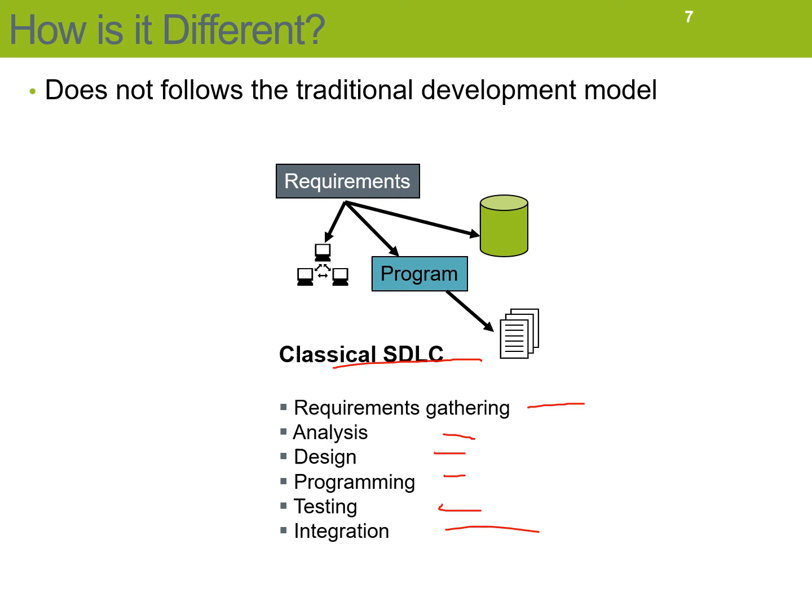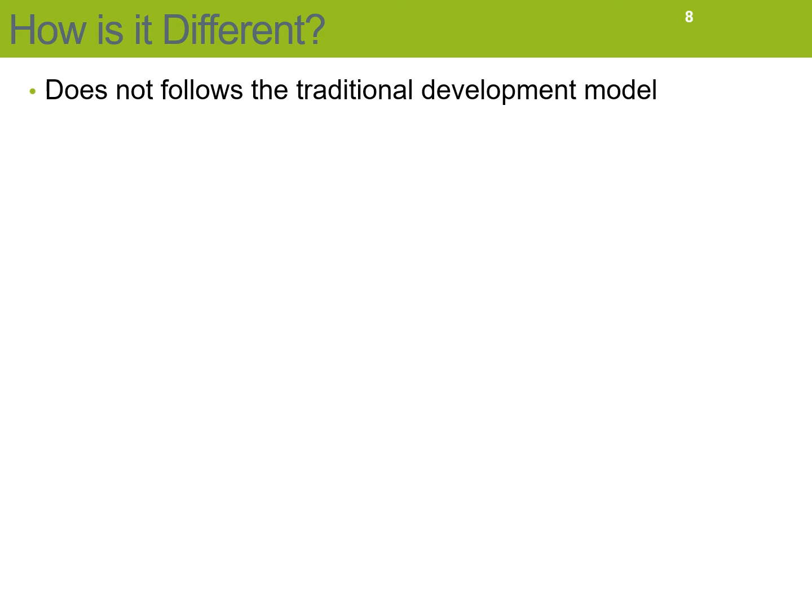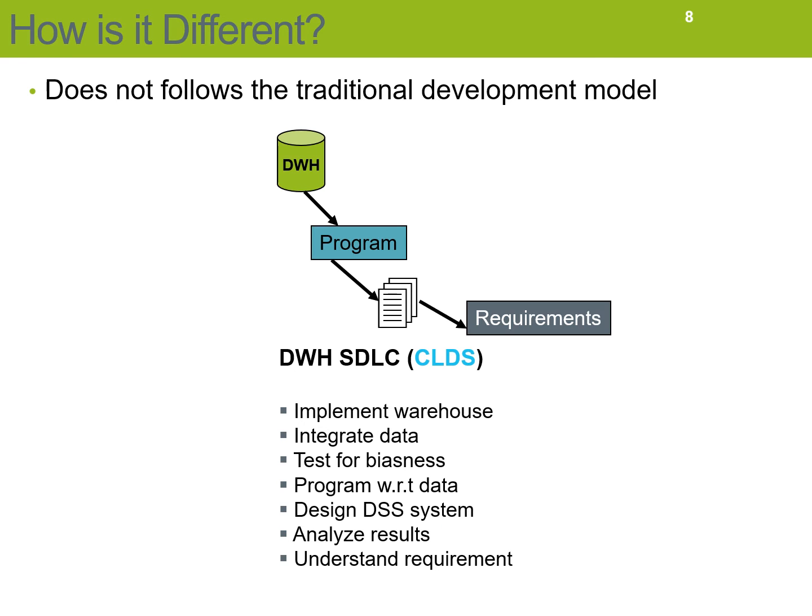You are already familiar with it. While the decision support system does not follow the traditional development model, here it is called data warehouse SDLC. This indicates that it is opposite to the classical SDLC.